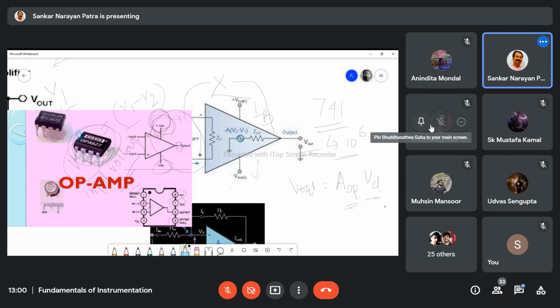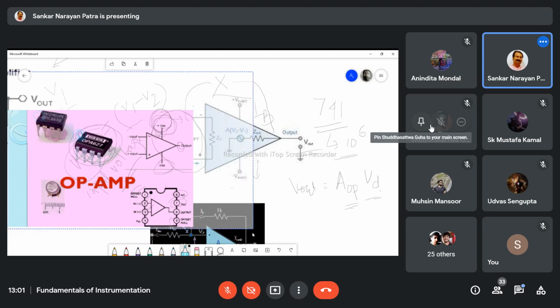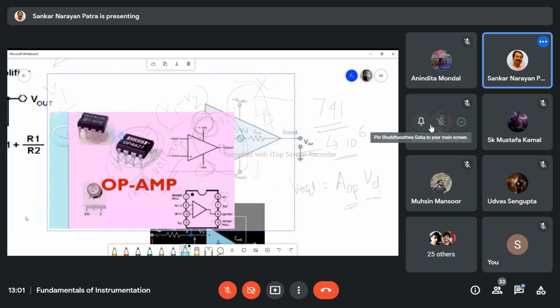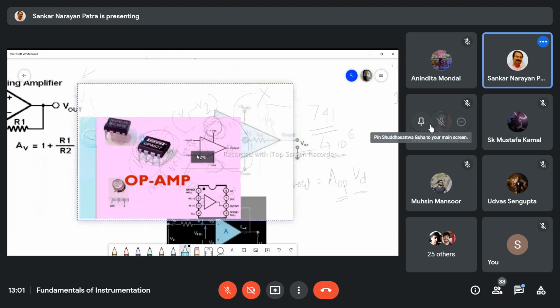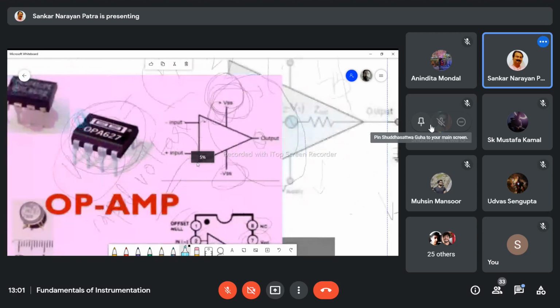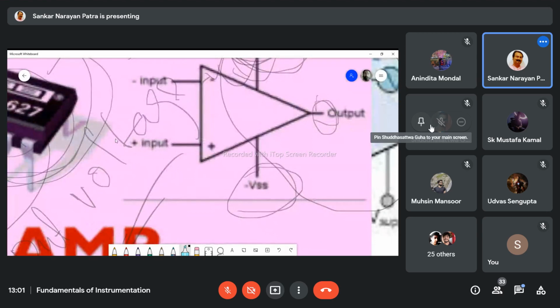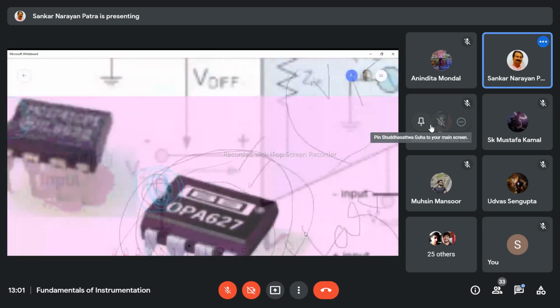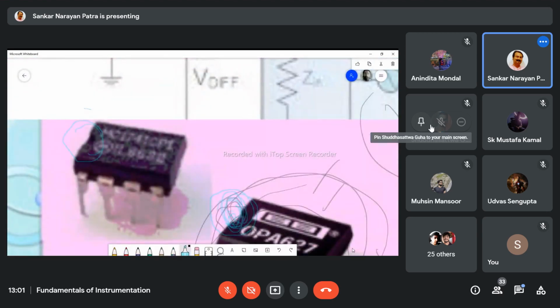Can you see this one? Yes, sir. You will find a bend, a small hole.